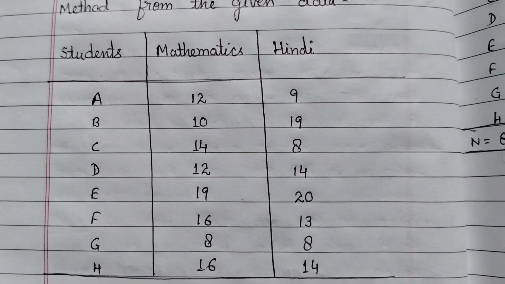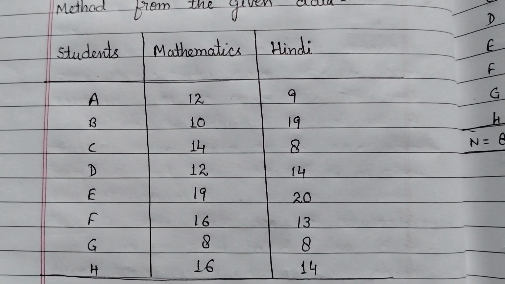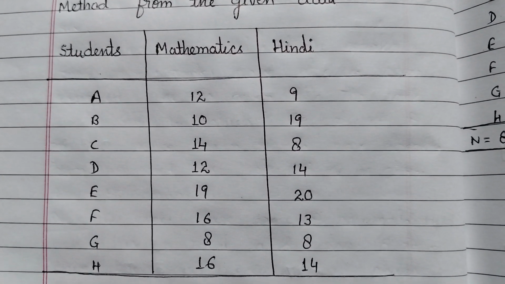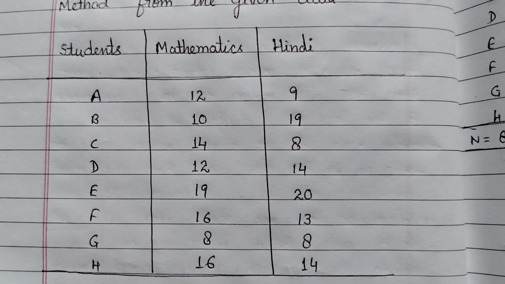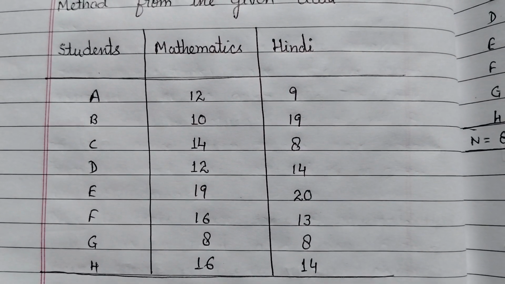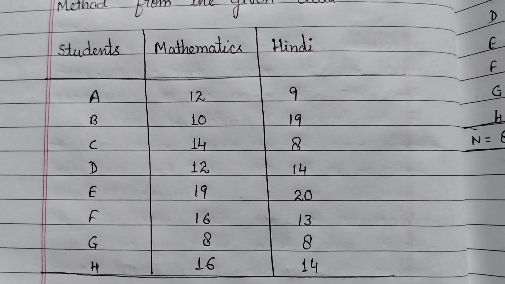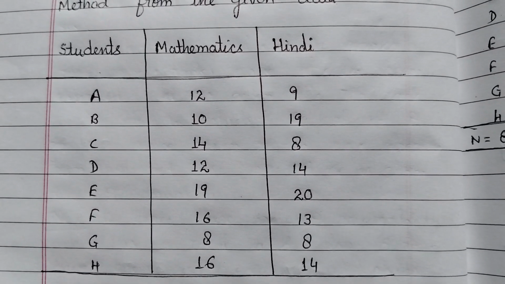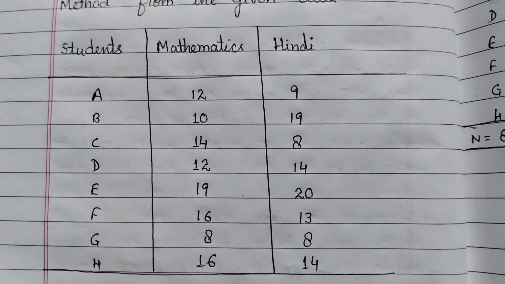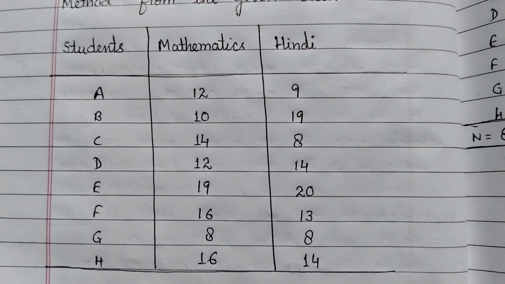Suppose one is scoring 100% marks in mathematics, at the same time he is exactly passing only Hindi. So if such a score is observed, then definitely negative correlation will be observed. In the next example later on we will take up such examples also.